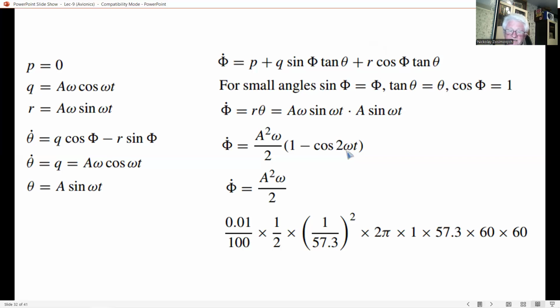And hence, the average value of the rectified rate gives us this simple expression: φ dot gives us A squared ω over 2.